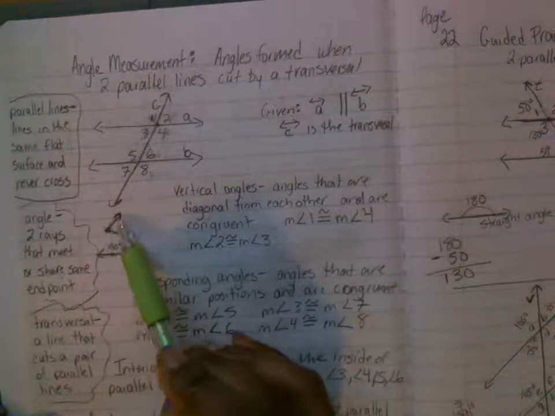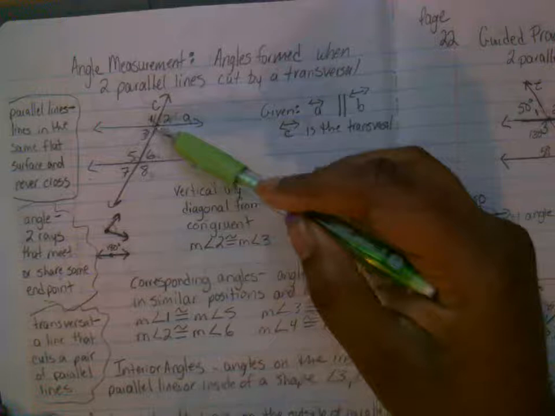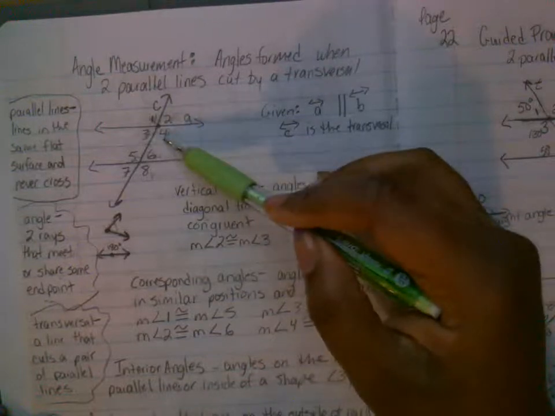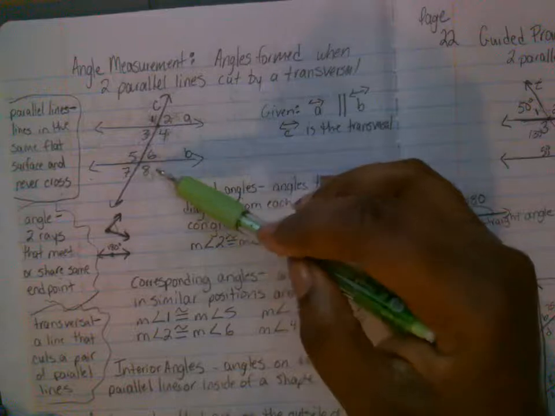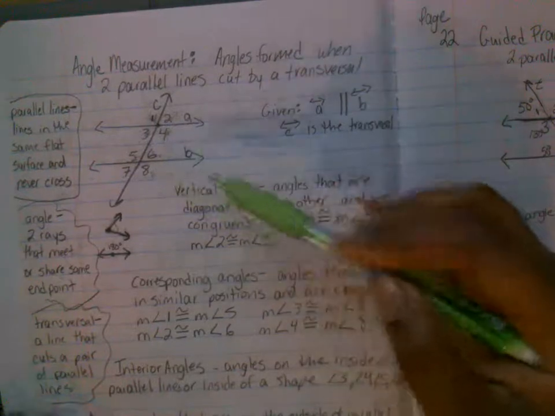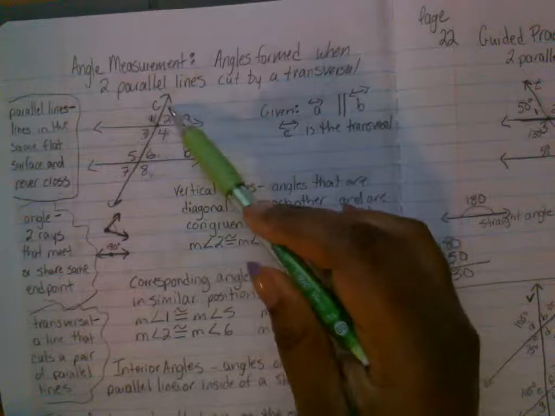When they meet, they form what you call an angle. Okay, this is an angle. So we have 8 angles that are formed: 1, 2, 3, 4, 5, 6, 7, and 8. Okay. These are the relationships that these angles create.